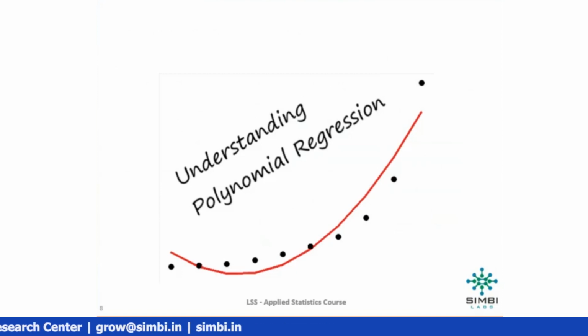For this type of example, polynomial regression is one of the main analyses. We can make some predictions on that.